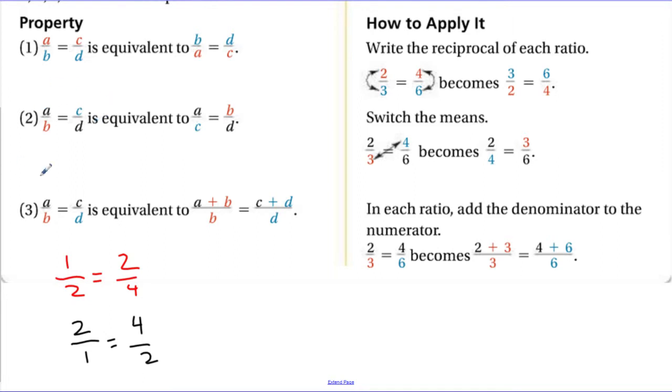Okay, my second property says go ahead and switch either the means or the extremes, and you're still going to have a true proportion. So again, I'm going to stick with this particular one right here. I'm going to switch the 4 and the 1, right? So if I put a 4 over 2 equal to 2 over 1, well, look, that still works.